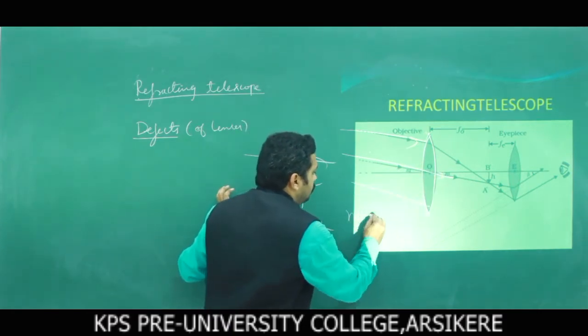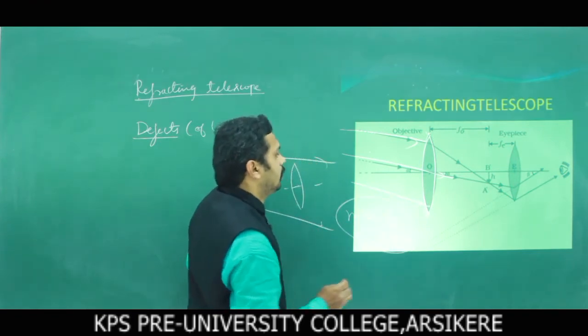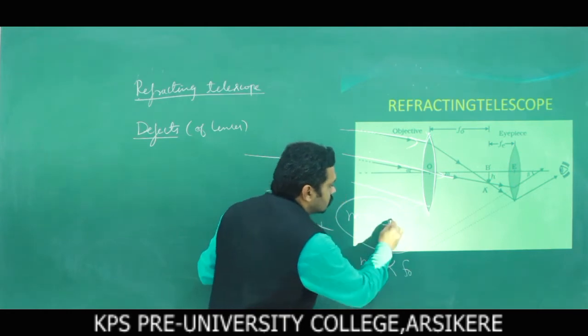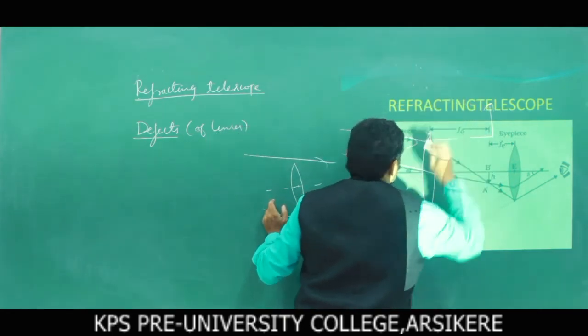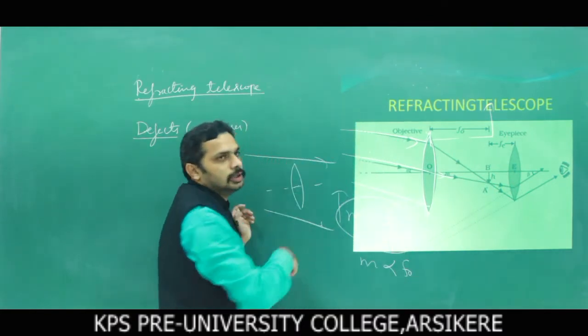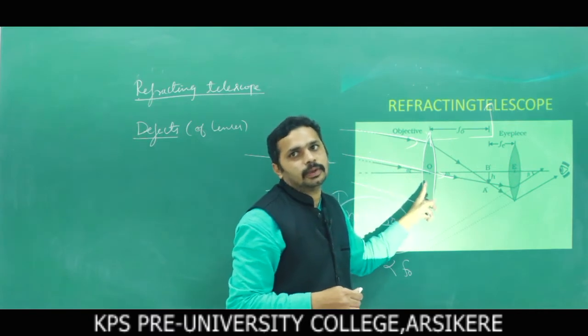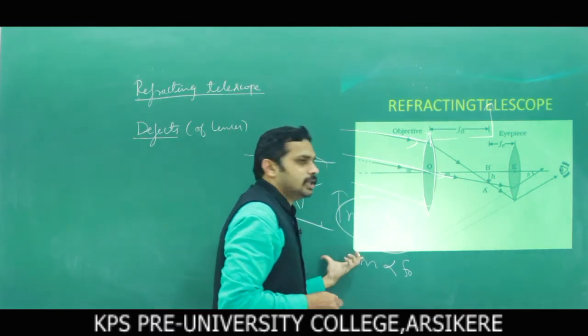Now, what is the magnification? M is equal to f naught by f e. Magnification is directly proportional to f naught. If the focal length of the objective lens increases, then the magnification also increases, so you have to take a large focal length for the objective lens. If the focal length is shorter, magnification is less.